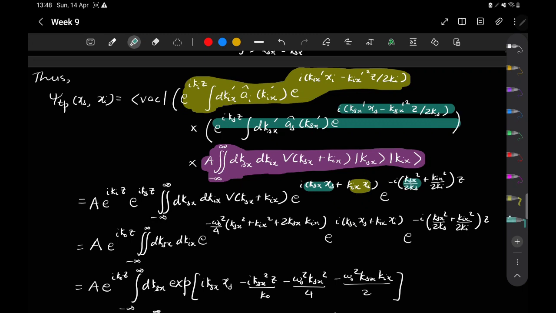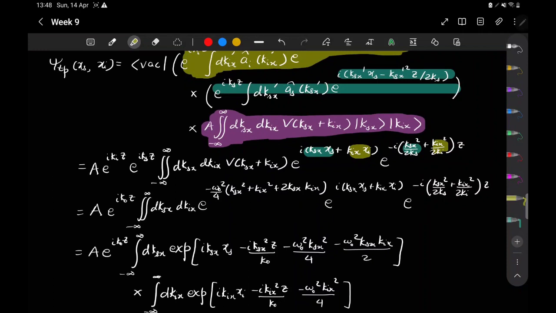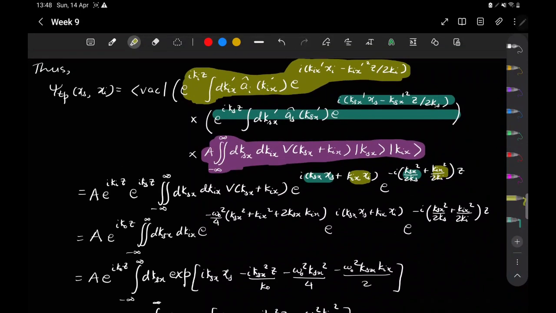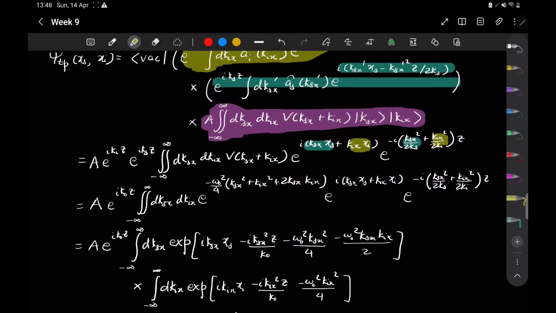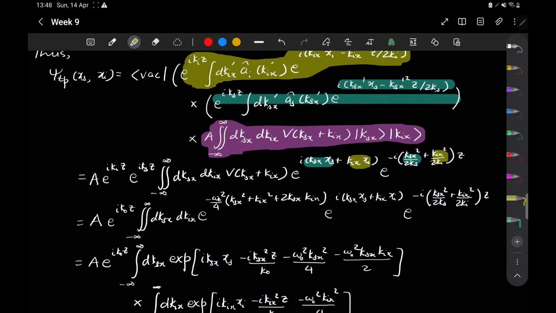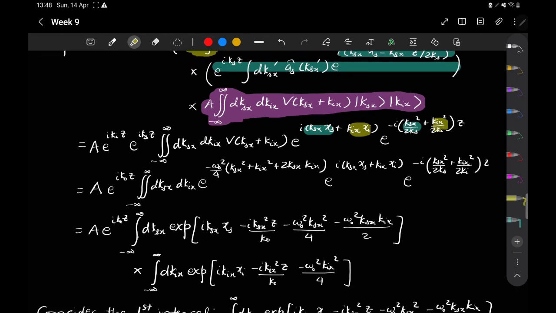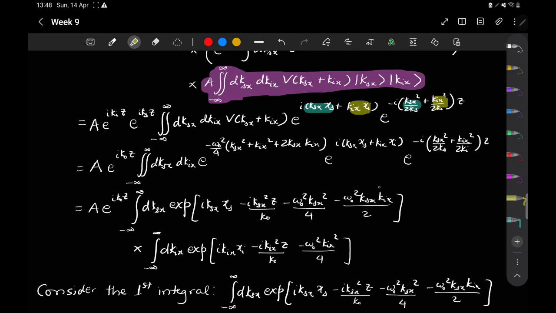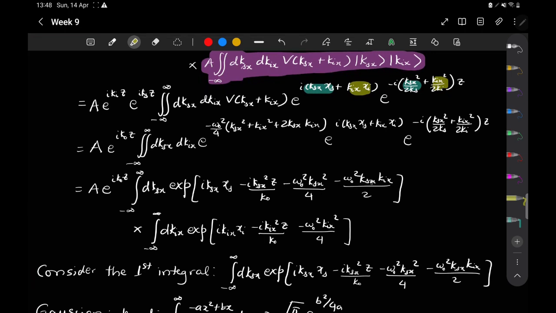Same here also. Now we just put in the expression for this pump field, which is a Gaussian, and then we wrote down the separate terms for dksx and dkix integrals. So this is the integral for dksx terms and this is for dkix terms. Of course there is this common term which has ksx, kix both.